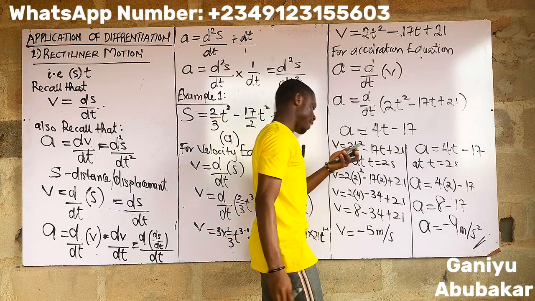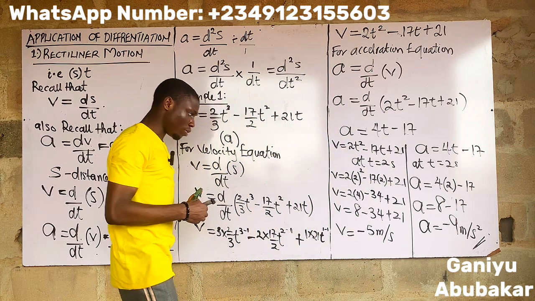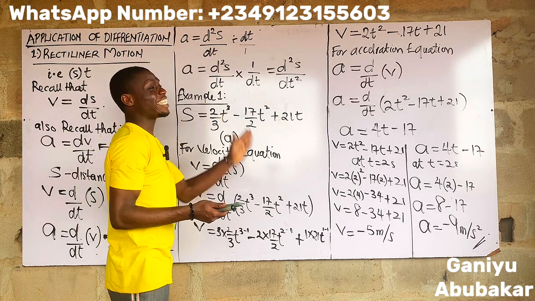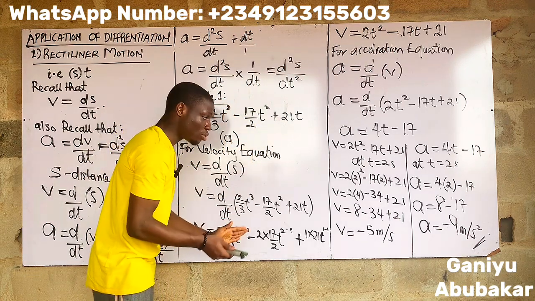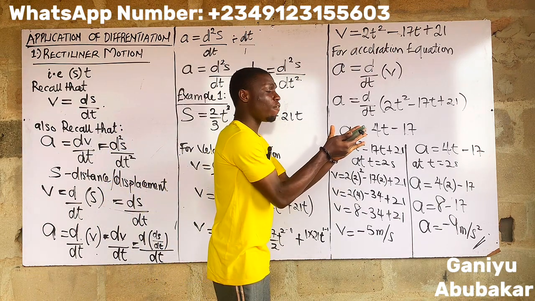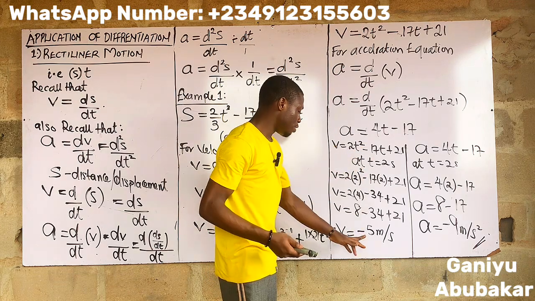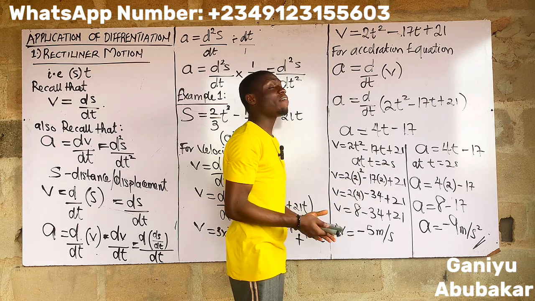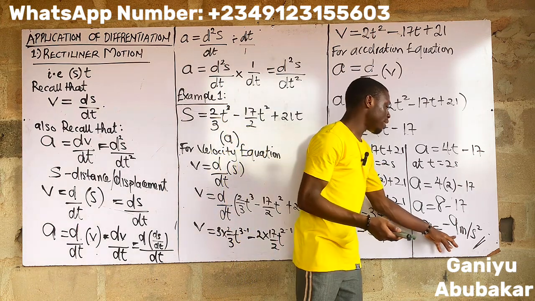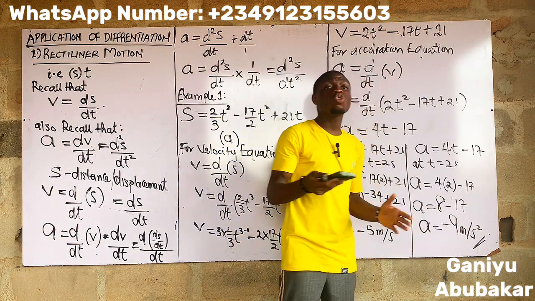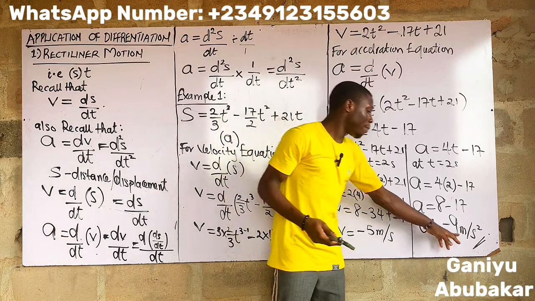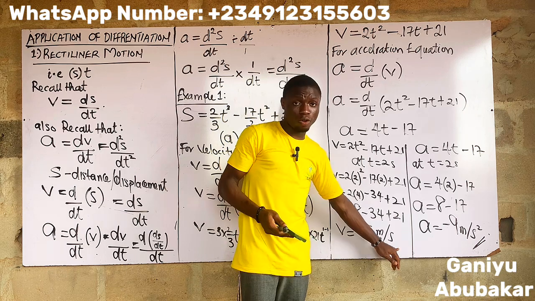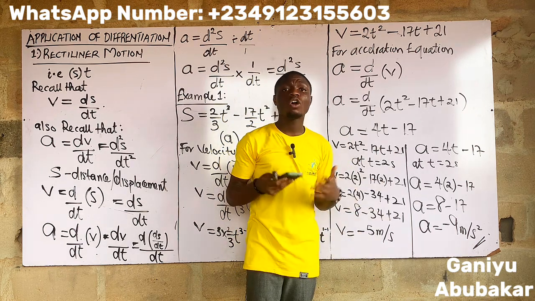So it becomes my answer to that question. Question a says find the velocity and acceleration of the body after 2 seconds. So therefore, the velocity of the body after 2 seconds is minus 5 meters per second, while the acceleration of the body after 2 seconds is given as minus 9 meters per second squared. So note that acceleration is measured in meters per second squared, while velocity is measured in meters per second. So it becomes my answer to question a.